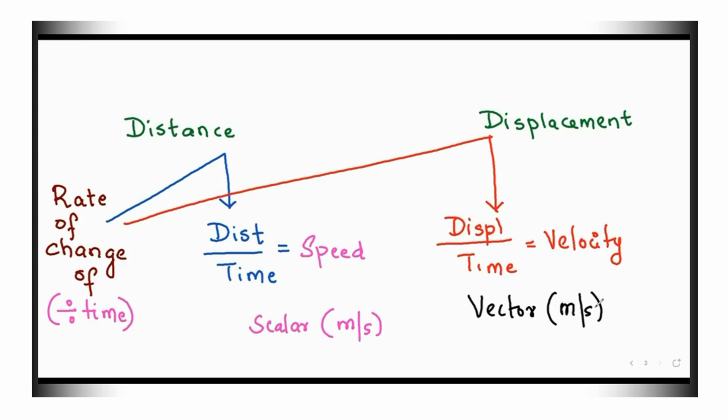So basically, displacement can be called as distance along the same direction, or velocity is speed with the direction. So you can tell that distance is equal to displacement or speed is equal to velocity only when they travel in same direction. When they are in same direction, we can call distance and displacement to be equal and speed and velocity to be equal.